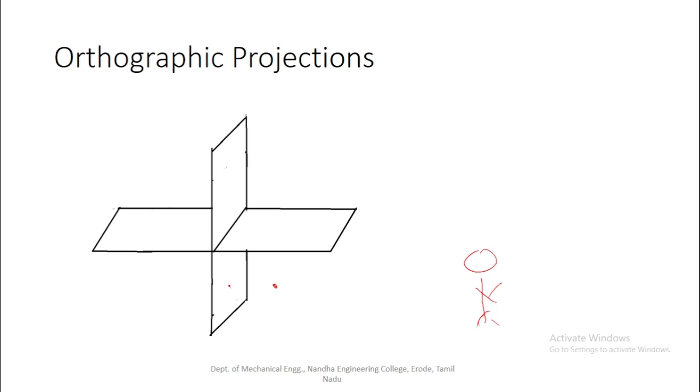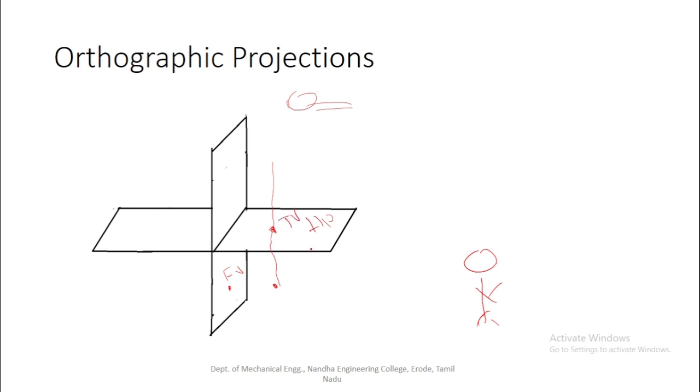The front view will be projected at here. This is the front view, and then to draw the top view, the observer's position is here. We assumed that the horizontal plane is transparent, so that the top view will be projected on this horizontal plane. This is the top view.